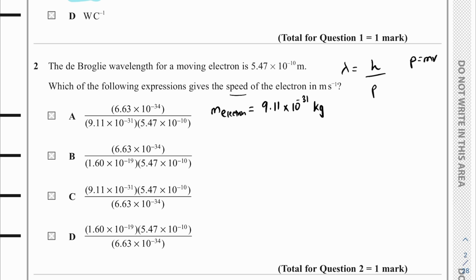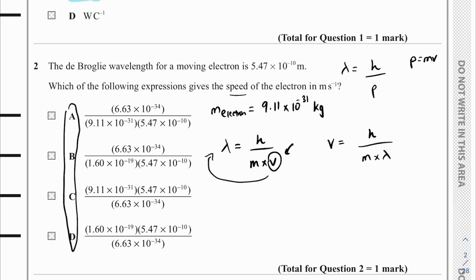So let's see if we can rearrange this. We have lambda equals Planck's constant over mass times velocity. Now we want velocity on its own. So we bring it to where the lambda is, and we divide by lambda. We get V equals Planck's constant over m times lambda. Now let's see which of these are relevant. Velocity equals Planck's constant all over the mass of the electron times the de Broglie wavelength.